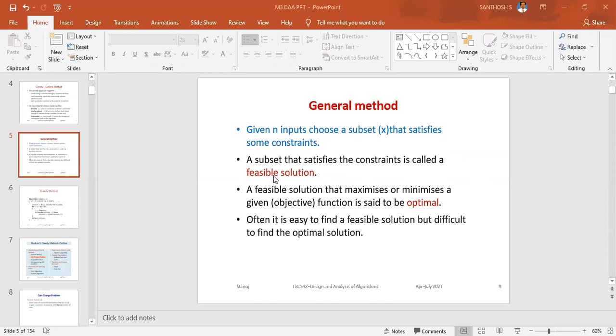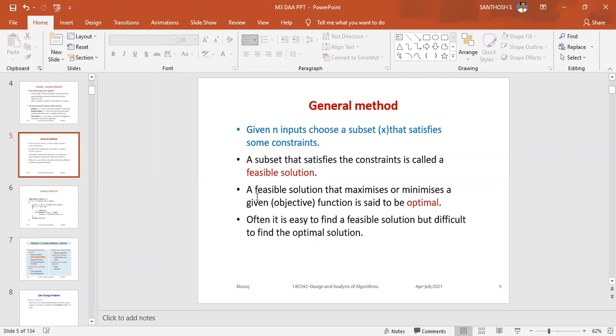If that subset matches the constraint, we call it a feasible solution. A subset that satisfies the condition of the problem, we call it a feasible solution. So with 8 subsets, you can have up to 8 feasible solutions.